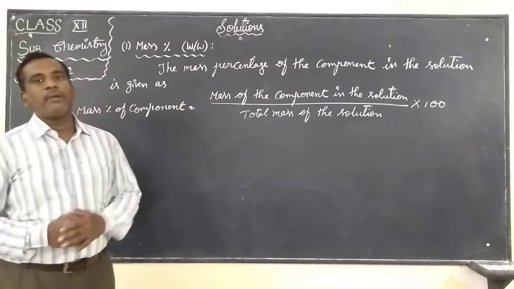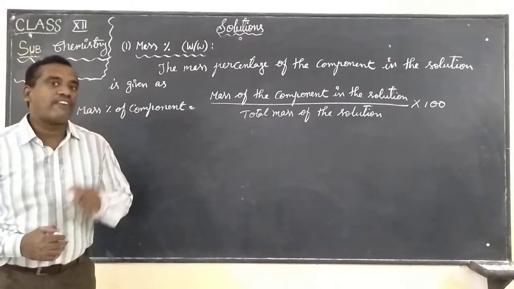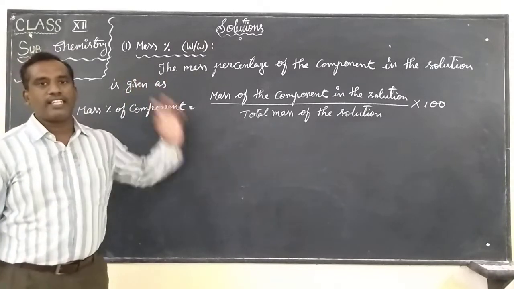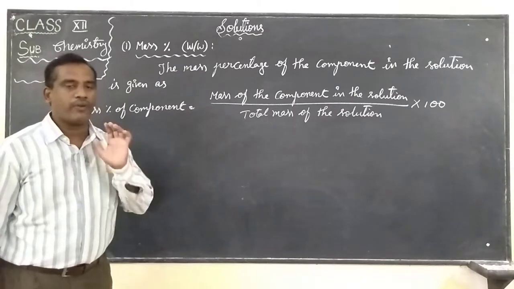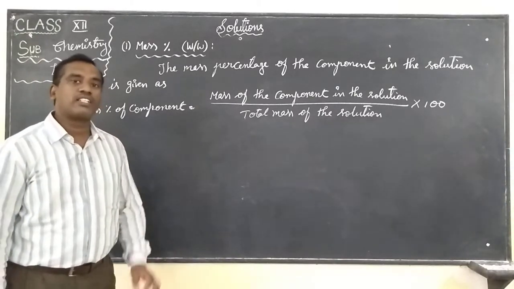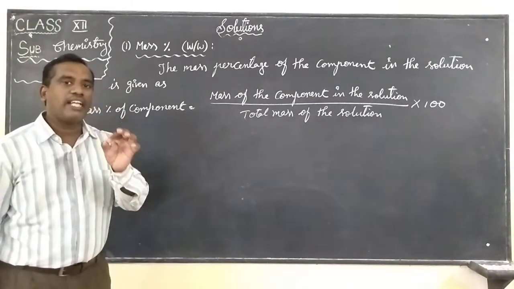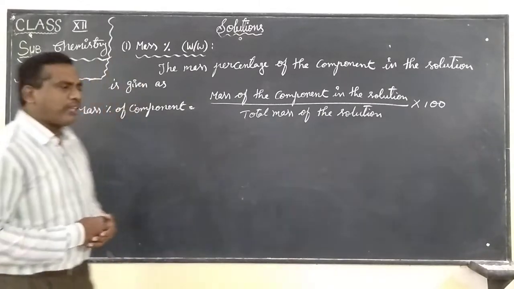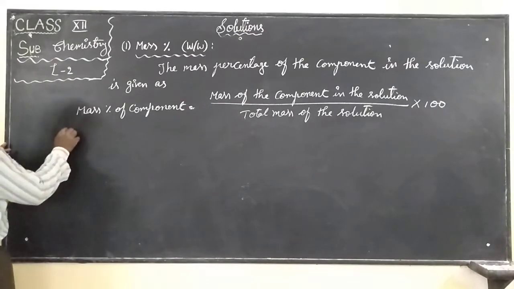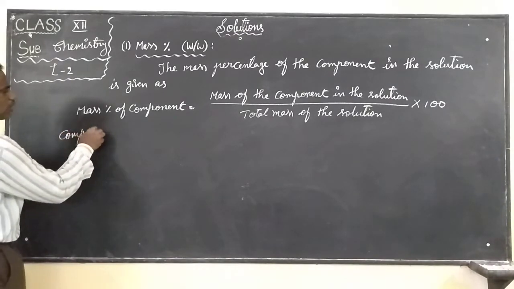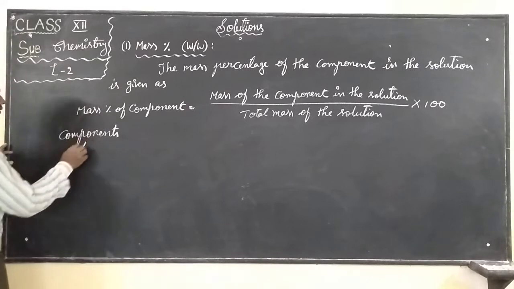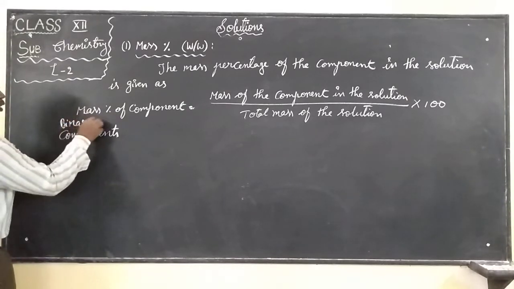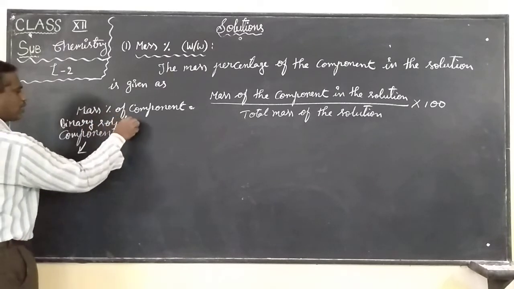There are many methods. Among them, the first one is called the mass percentage of the component. There are two components in the solution, because we are discussing binary solutions.